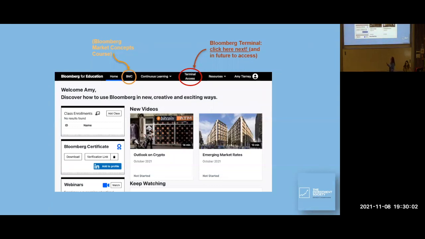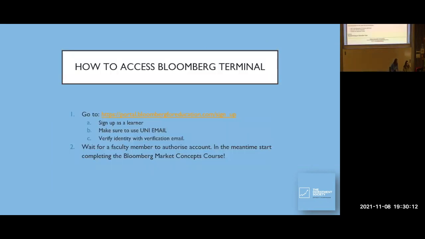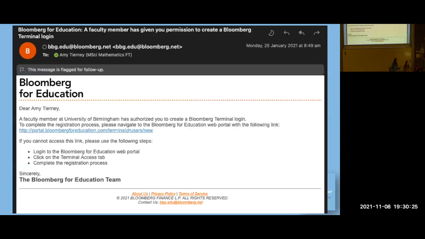a student, which, speaking of, you would then click on the terminal access, which is circled at the top, and through this you sign up as a learner, and then eventually a faculty member at the university will say that you can have an account, and you will receive an email along the lines of this, whereby if you click the link here and then you log in, then it should all work.